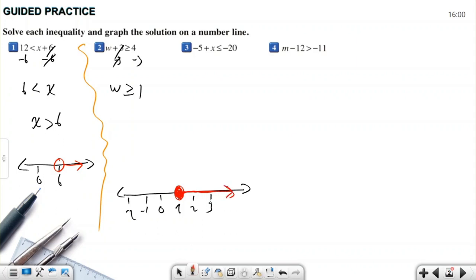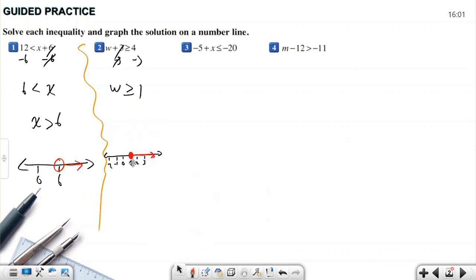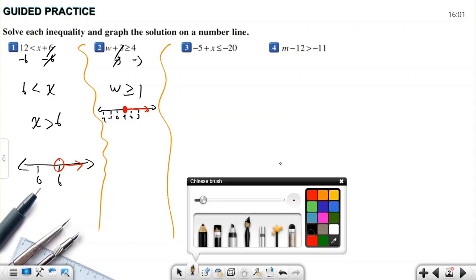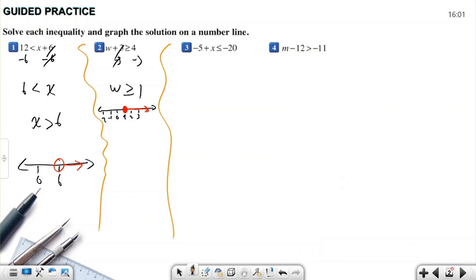All these points on the number line, to the right of 1, are in the solution. So this is the graph. Let's shrink it here and put it there.